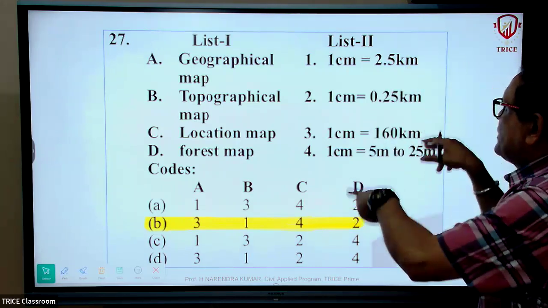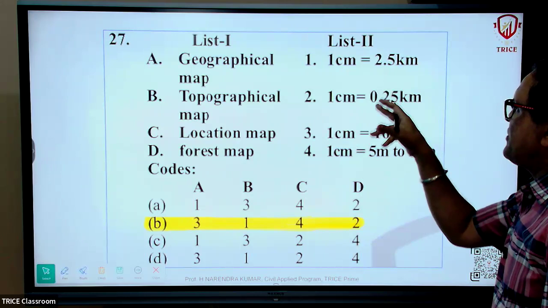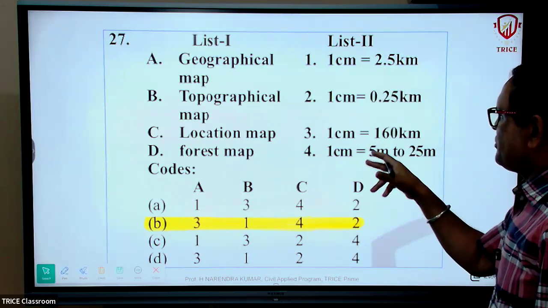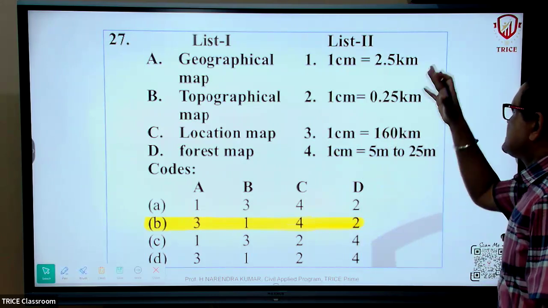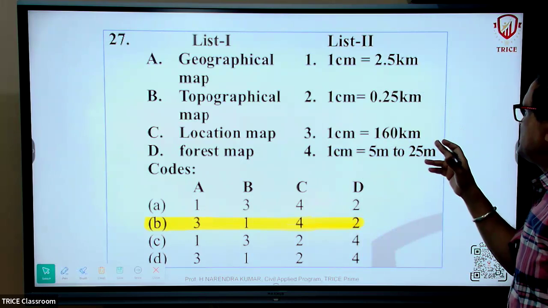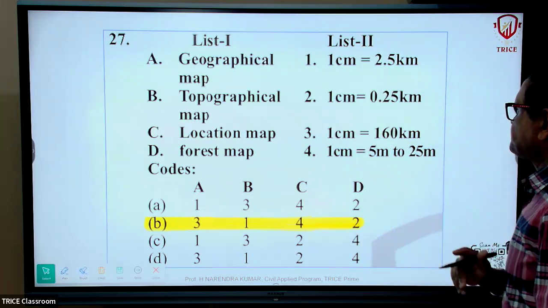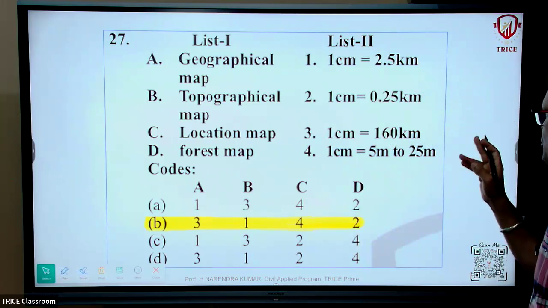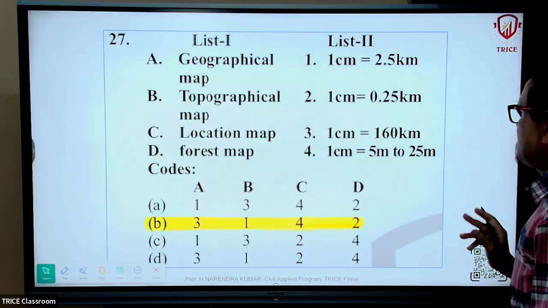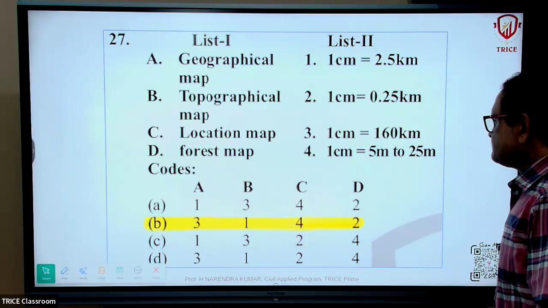So there are 2 lists given here. The first list gives us different types of map: geographical map, topographical map, location map, forest map. Whereas on the right hand side under list 2 gives us the scale: 1 centimeter is equal to 2.5 kilometer, 1 centimeter is equal to 0.25 kilometer, 1 centimeter is equal to 160 kilometer, 1 centimeter is equal to 5 meter to 25 meter.